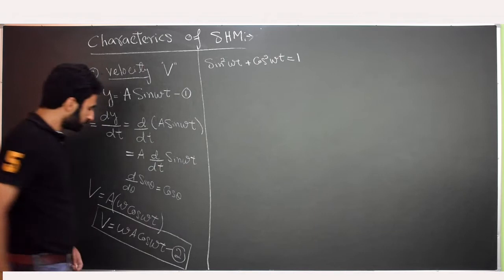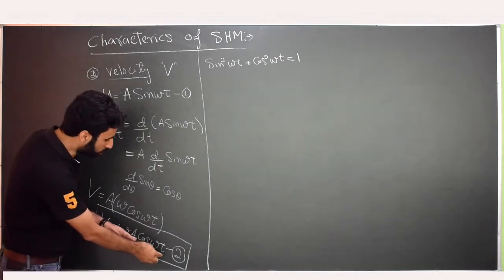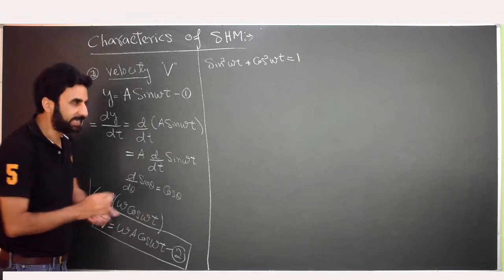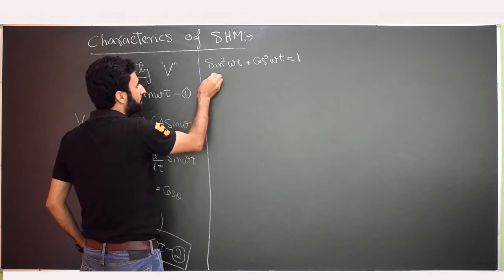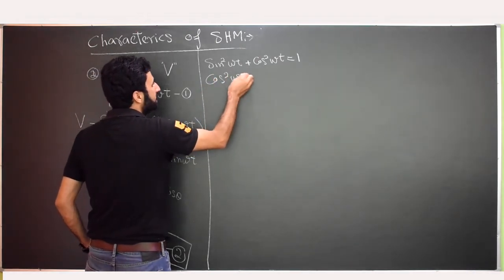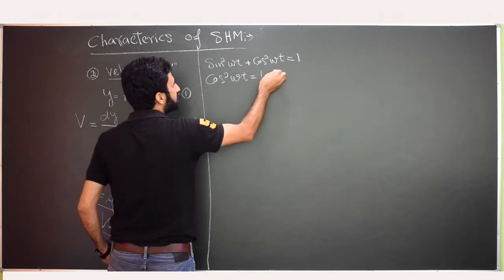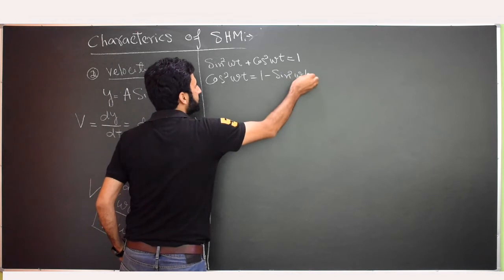Now what I intend to do is substitute this cos of omega t in terms of sine. So this sine square may go this side, we'll write it this way: cos square omega t is equal to 1 minus sine square omega t.